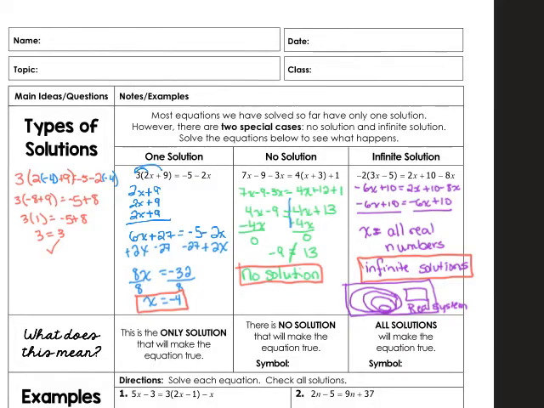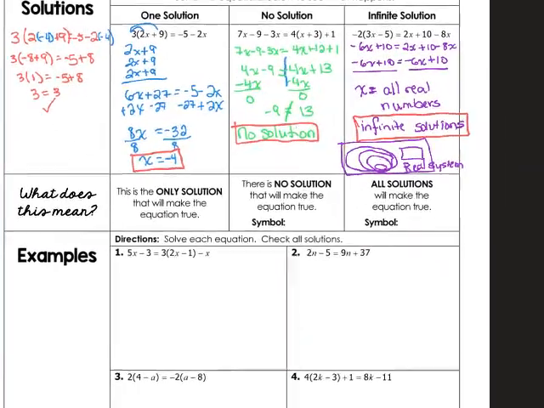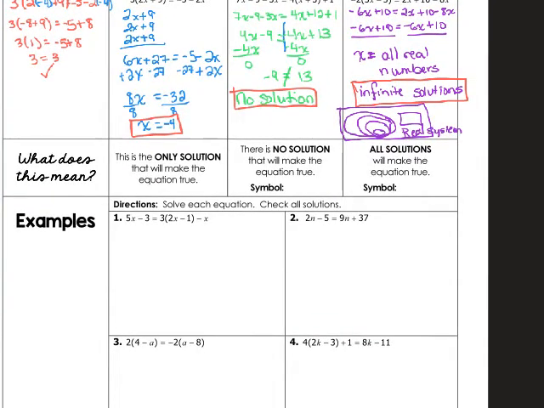All right, let's go on down and check out the examples below. Let's try an orange. That's a fun color. All right, first thing we're going to do is distribute.